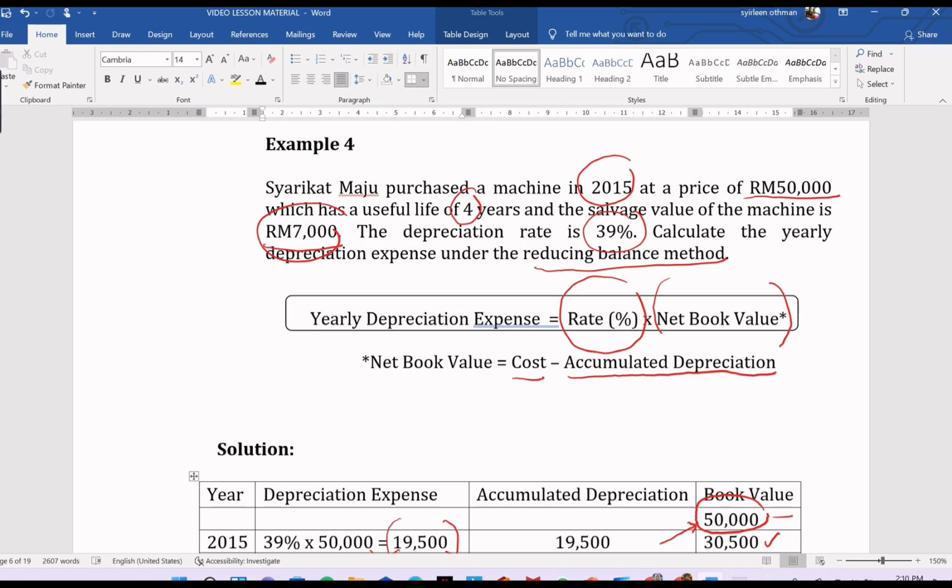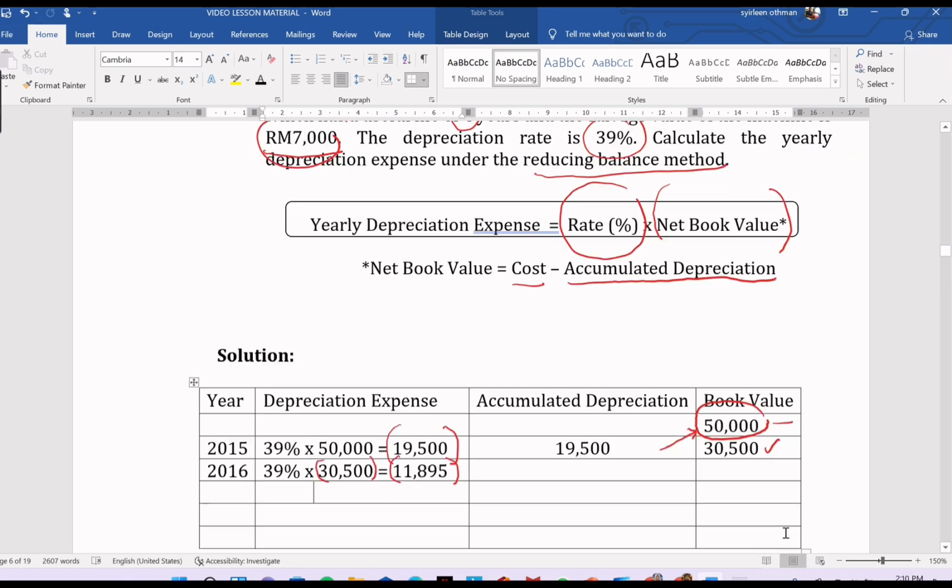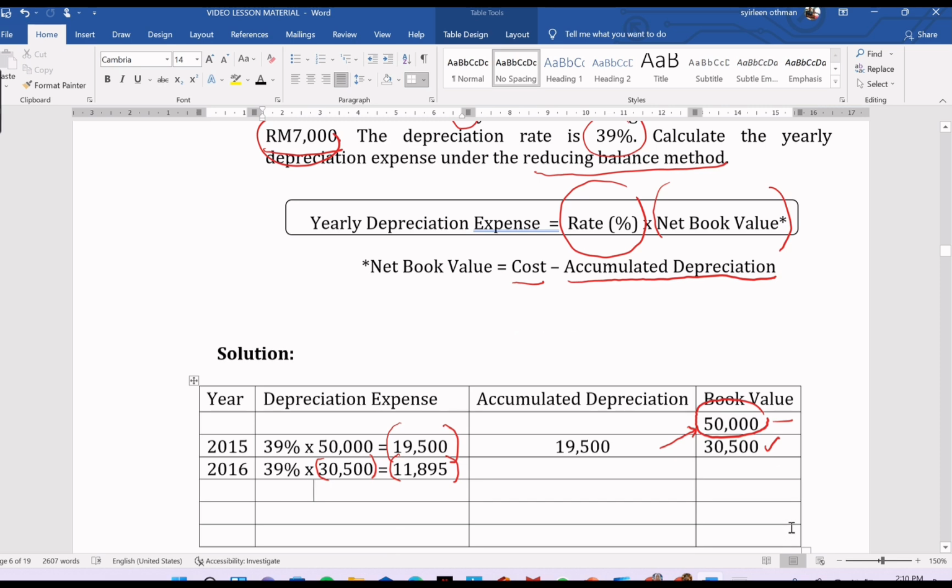But for declining balance or reducing balance, we won't do that because every year round kita akan kurangkan asas untuk pengiraan. That is the net book value, dia akan reduce every year. So you don't need to minus with the salvage value. Tapi towards the end of this useful life, you must make sure the balance remain in the book value should be the salvage value given in the question, which is 7,000. Mesti tinggal 7,000 saja, tak boleh lebih.